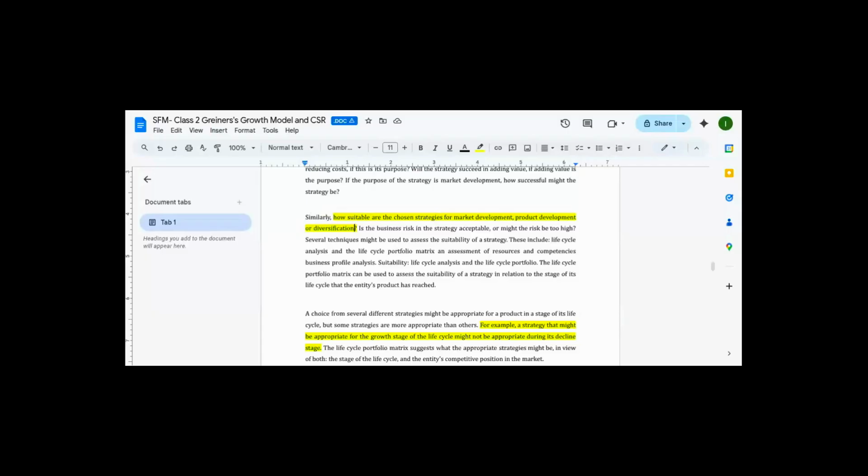How suitable? So the question now is, is the business risk in the strategy acceptable? All companies have limits of the risks they can accept on any investment. That is what we call risk appetite.